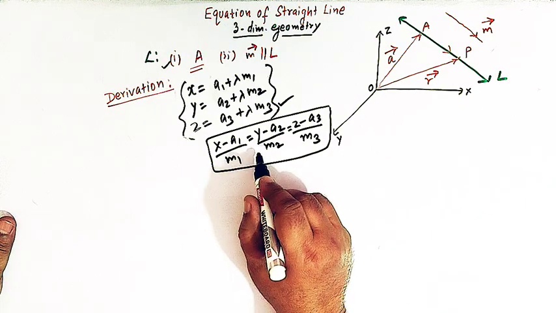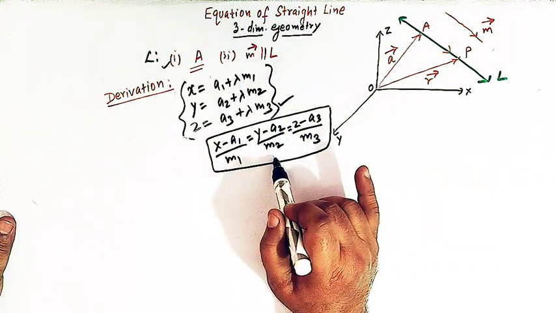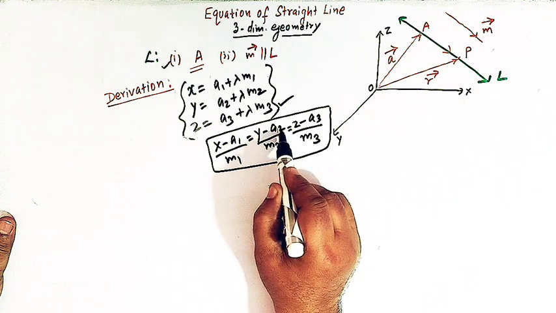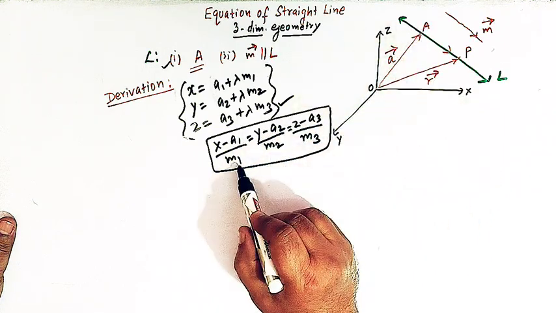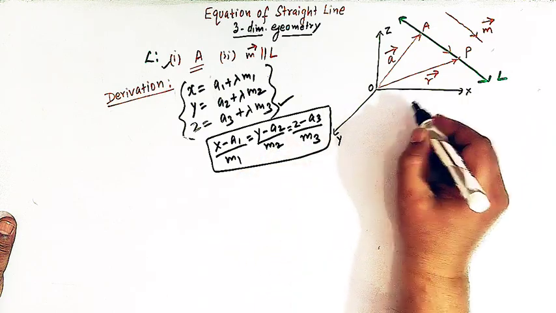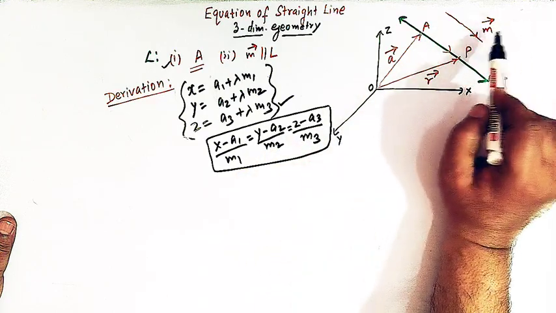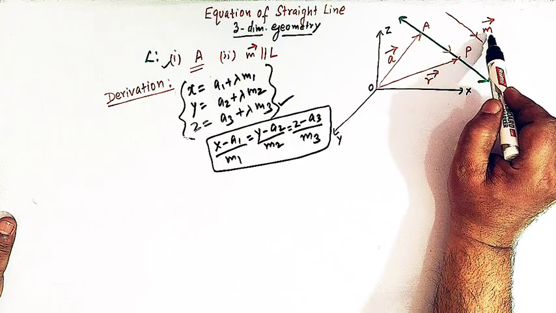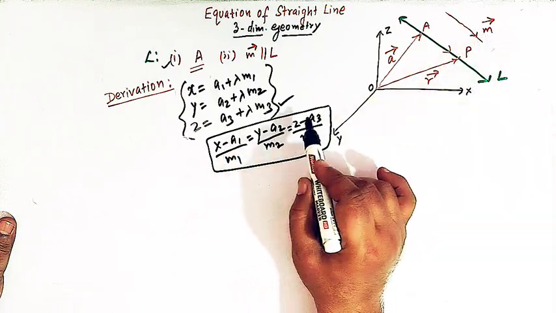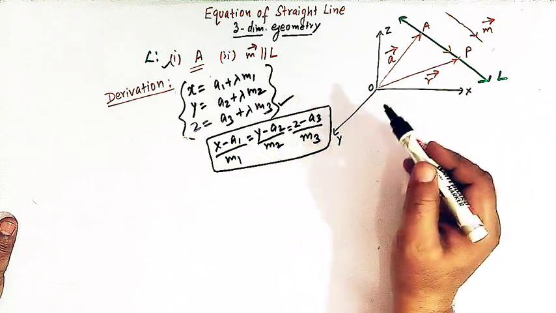So this is the Cartesian equation of a straight line, and here a1, a2, a3 are the coordinates of this point A, and m1, m2, m3 are the direction ratios of this parallel vector M. Sometimes we can also use other notations.